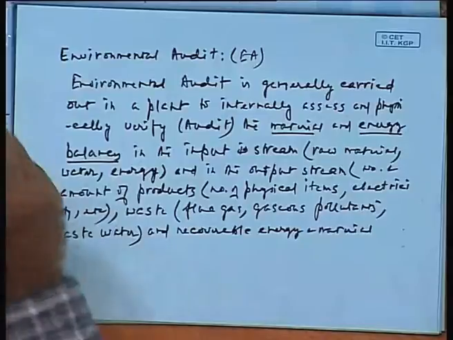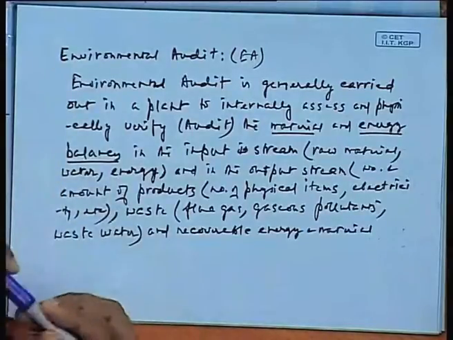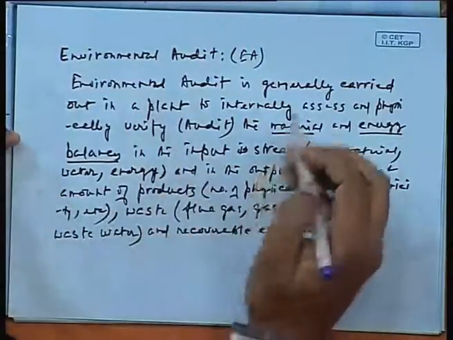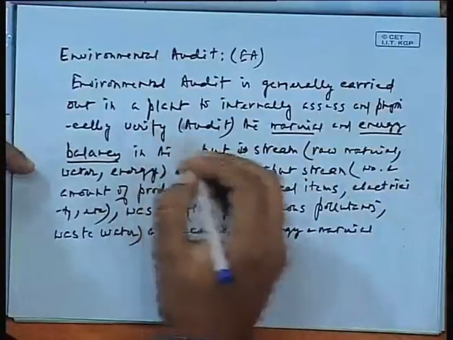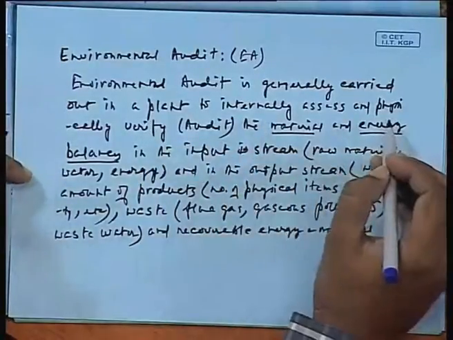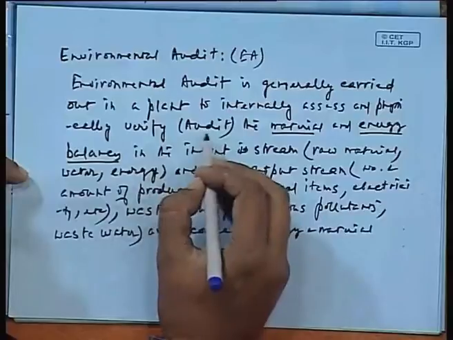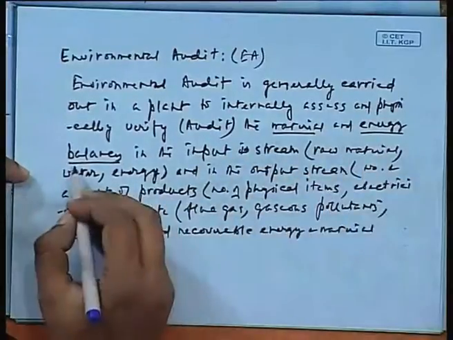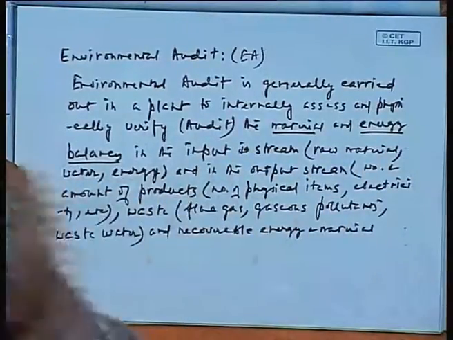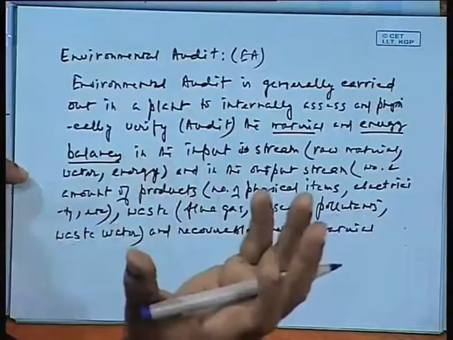So, if you look at this sentence again, environmental audit is generally carried out in a plant to internally assess and physically verify, that is auditing, the material and energy balances, that is, input and output remaining the same. Thermodynamically they should be the same, isn't it? What is input should also be output. So it's a conservation of mass and energy.